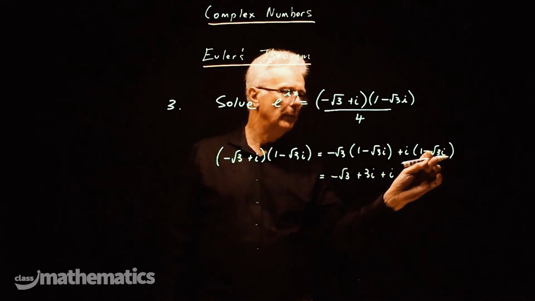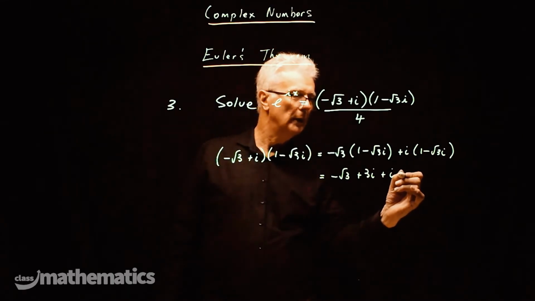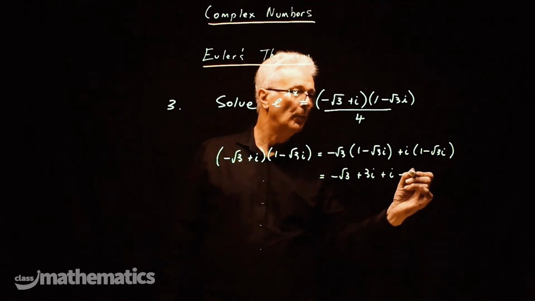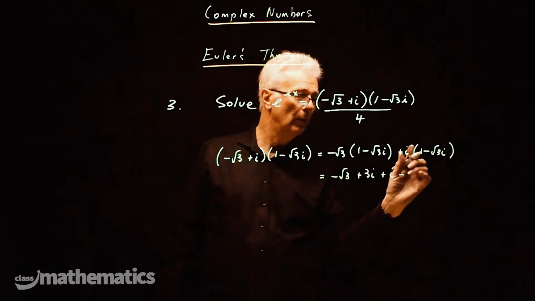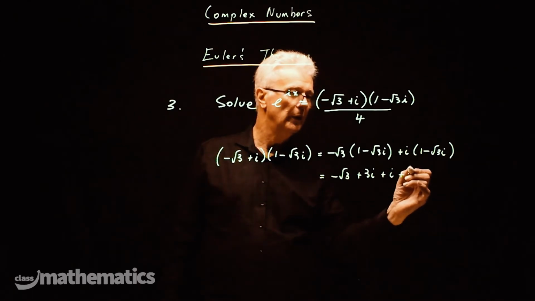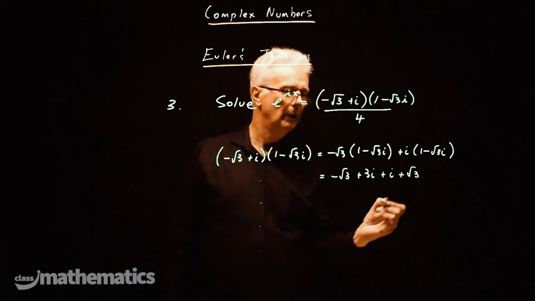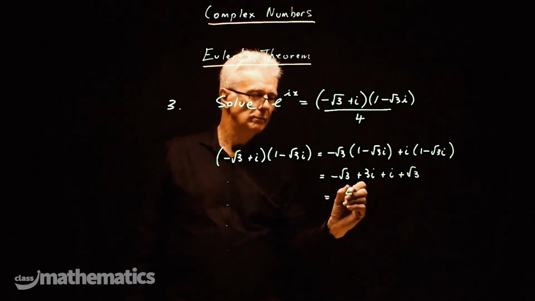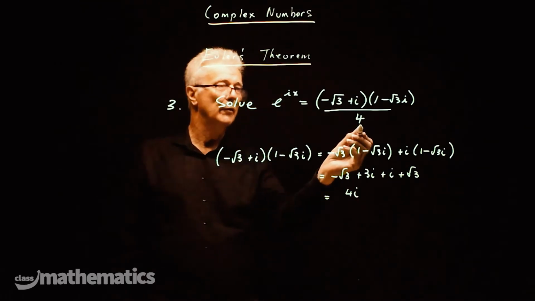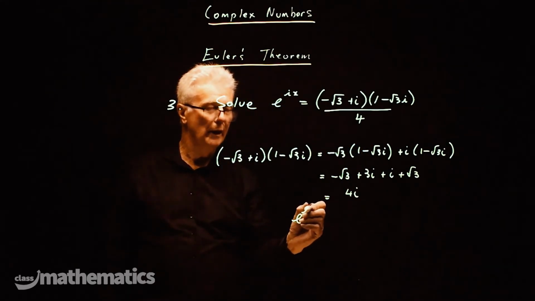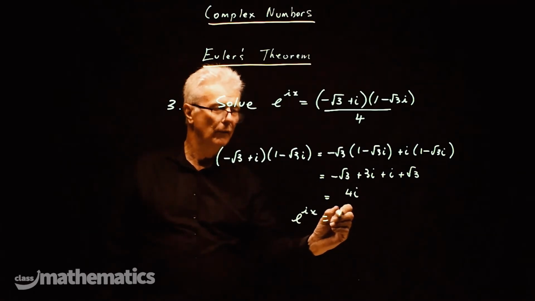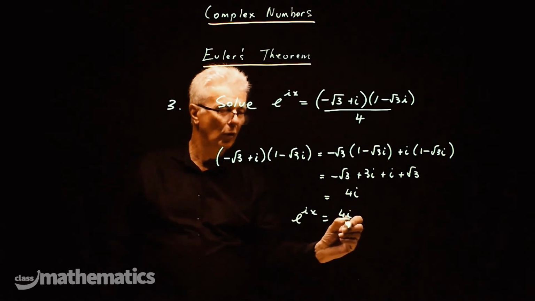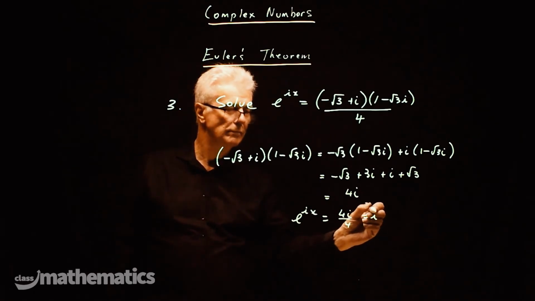And here we multiply that by that, we're going to get minus root 3, or plus root 3, because i and the i will give a plus. You need to watch that. So it's plus root 3. And that simplifies down to just 4i. Now remember you're dividing by 4, so e to the ix equals 4i on 4, which is just i.